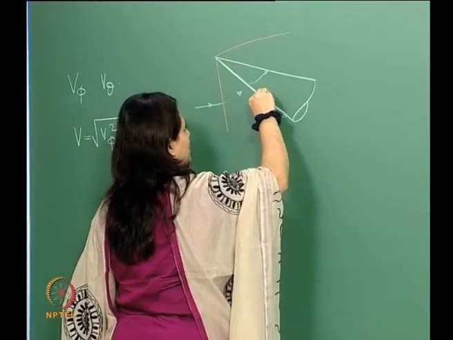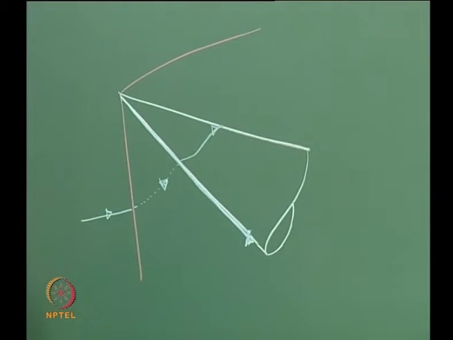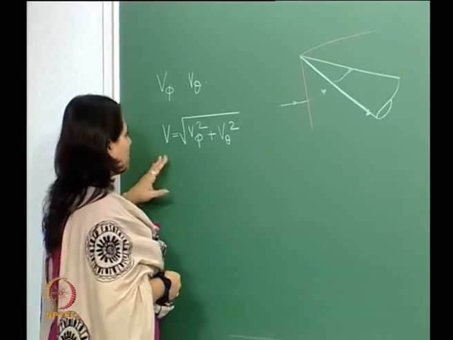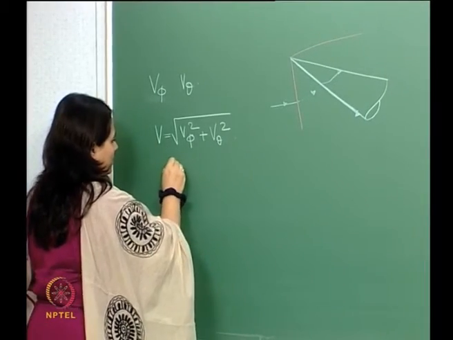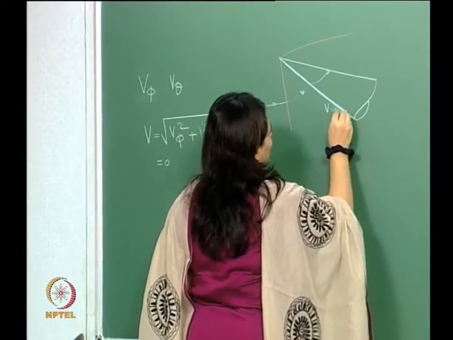Now, this streamline is not curling up, it is just going straight onto the surface of the cone, moving along it, and it does not change its theta, does not change its phi, isn't it? So which means that v theta and v phi are 0. So this velocity here is 0.